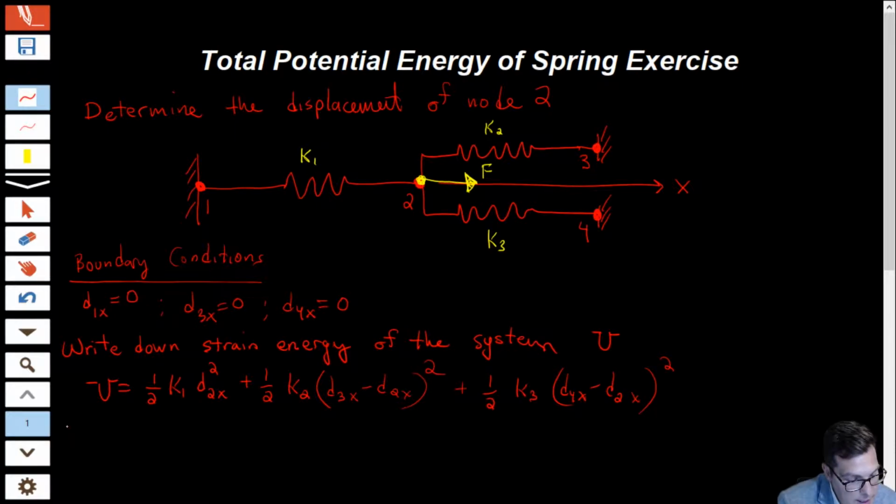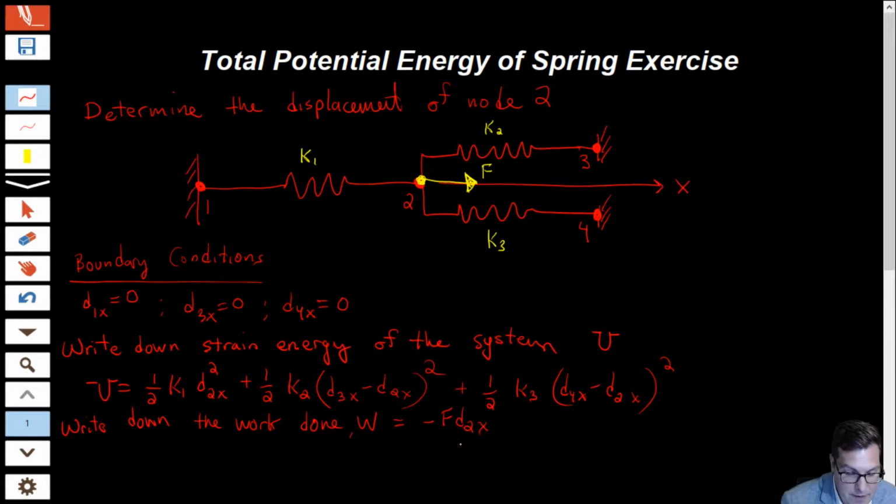And we can also write down now the external work done. We call that W, and that's going to be equal to negative F d2x. Force times the displacement.